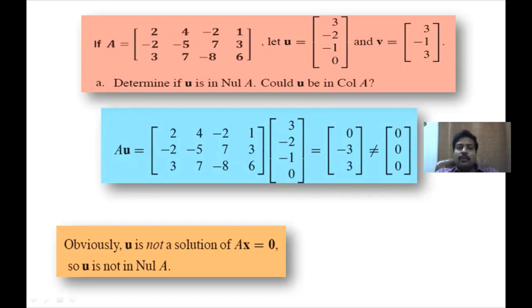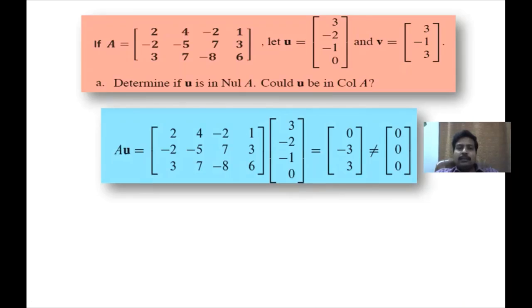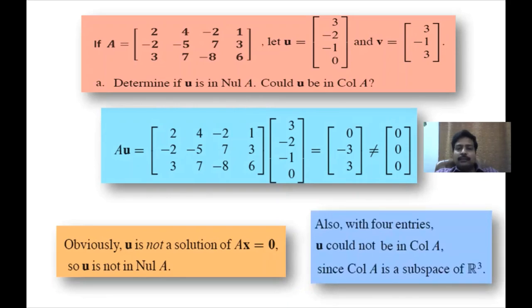So you can't get a 4 entry vector with a 3 by 1 matrix. So column space A will be a subspace of R3. You can't find a vector with 4 entries in R3. So U is not in column space A.